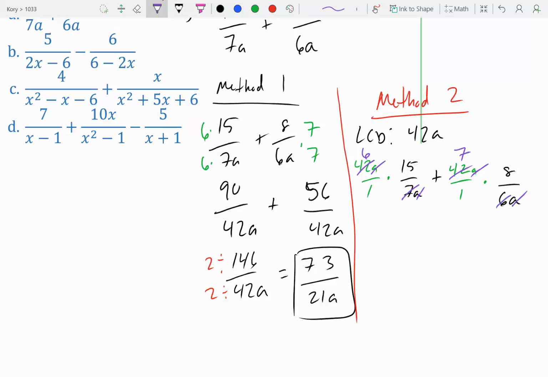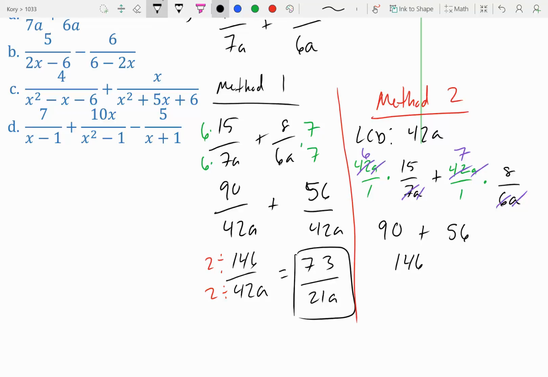Now let's write what we have left over. So what we have left over is 6 times 15, which is 90, plus 7 times 8, which is 56. So we add those two together, we get 146.